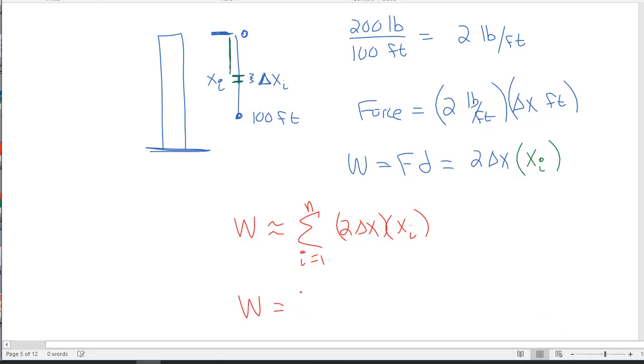So the total work of all of the chain is the limit as n goes to infinity of all those pieces of chain. So I'm just going to rewrite this. This is 2 times x times delta x, and there's our integral. So we have the limit of the Riemann sum, so we're going to get the integral of 2x dx. And if the length of my chain is 100 feet, this is going to be 0 to 100, and I'll propose that question in just a second.